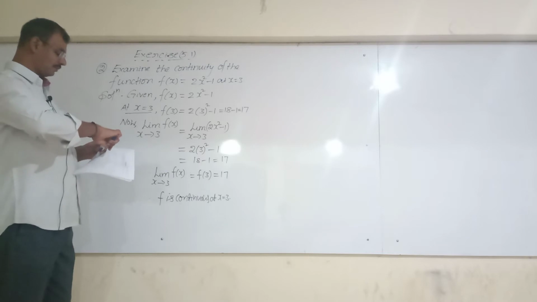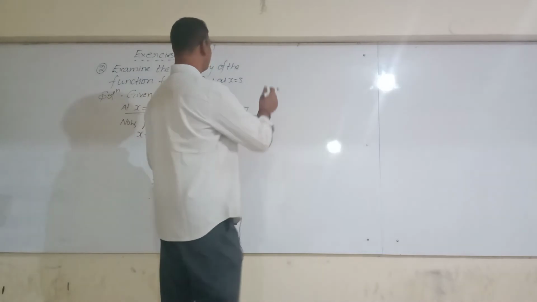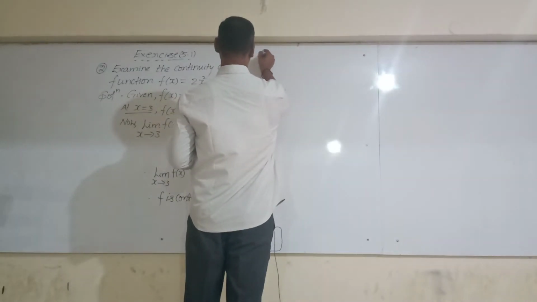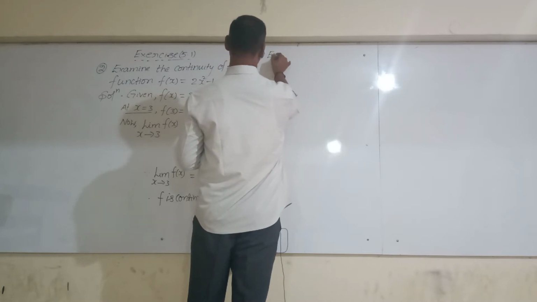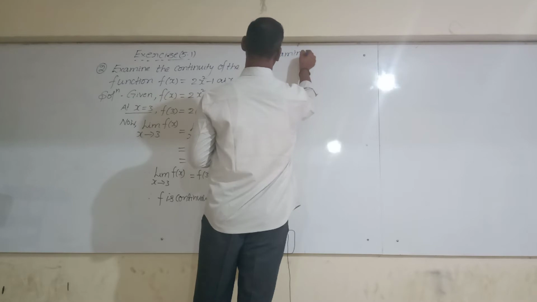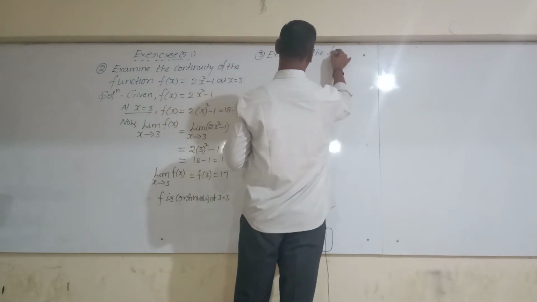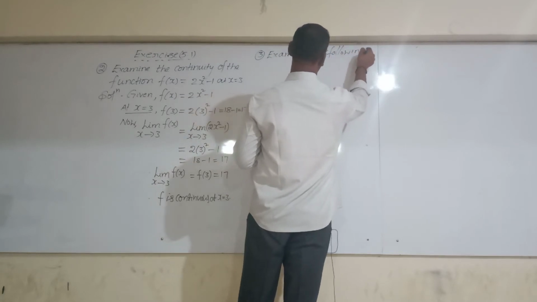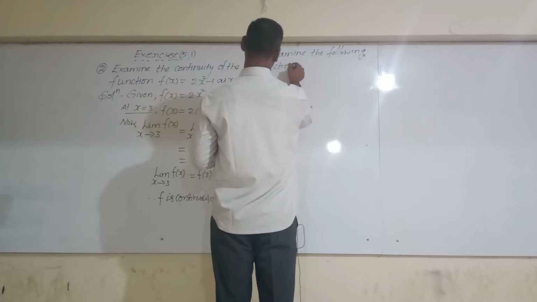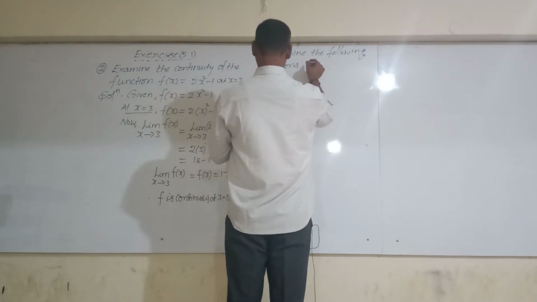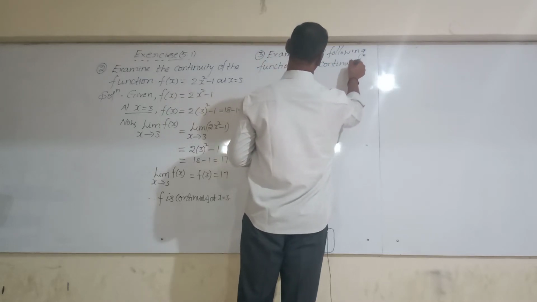Problem number 3. See the third question. There are nearly 4 questions given. The third question is: examine the following functions for continuity.